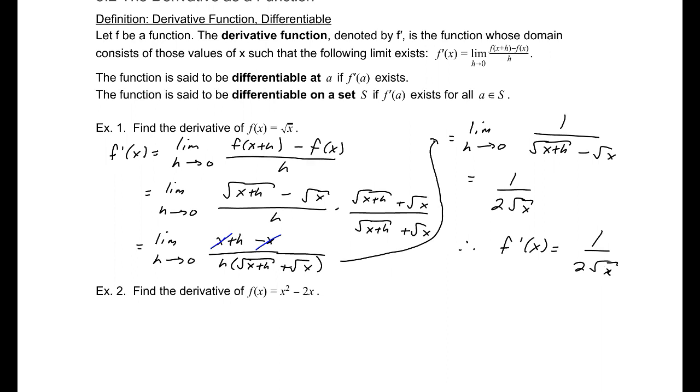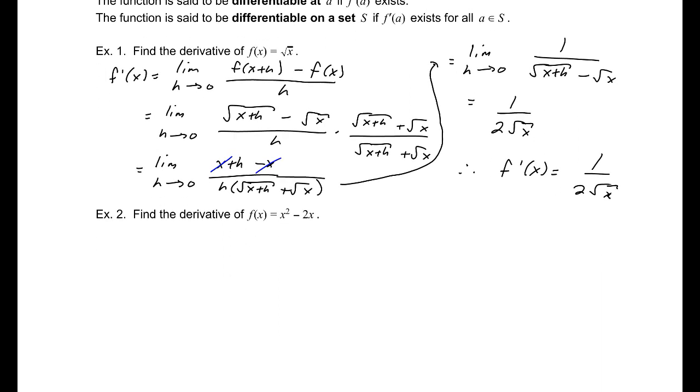All right, our next function, x squared minus 2x. So to find the derivative there, f prime of x is the limit as h approaches 0. And you might recognize some of these functions from before because we did these before. We're doing it more generically now. So plugging in x plus h squared minus 2 times x plus h, minus f of x, that is x squared minus 2x.